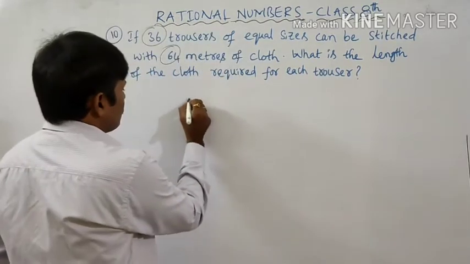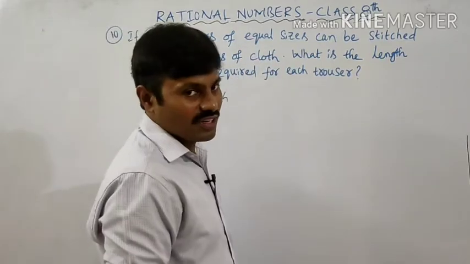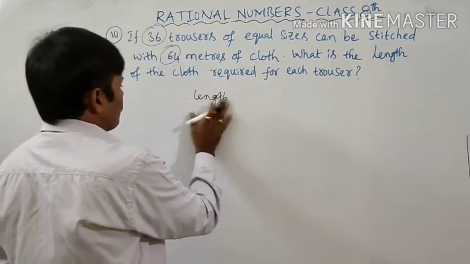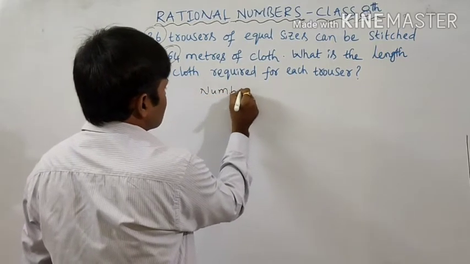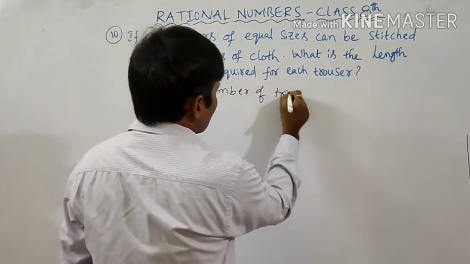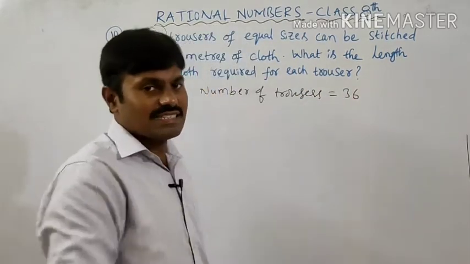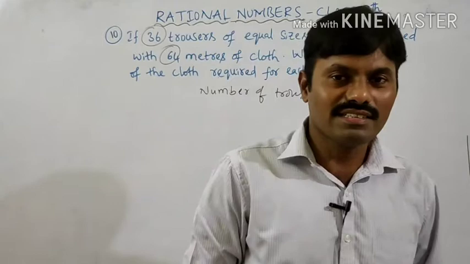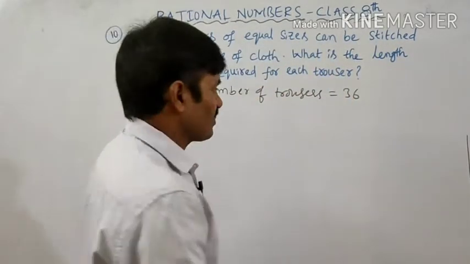Okay. First you have to write the given information. Number of trousers is equal to 36. To stitch 36 trousers of equal size, how many meters did they use? 64 meters of cloth.